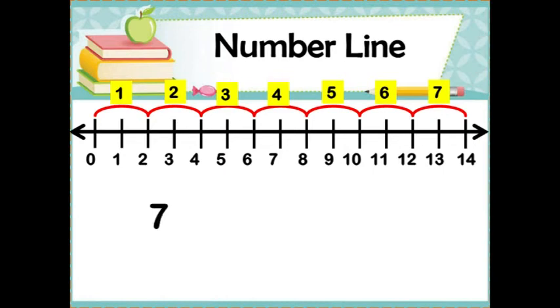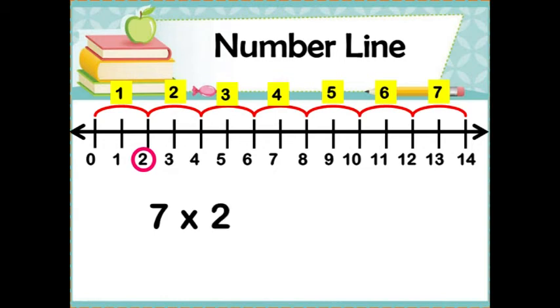So we have here number 7 and then the multiplication sign. After that, for us to complete the multiplication sentence, all you have to do is look at the first number you landed on. What is the first number you landed on? We have 2. So we are just going to write number 2.